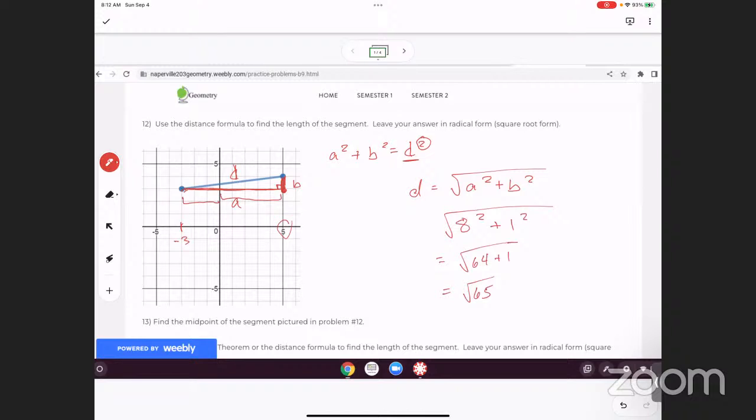All right. Do you need number 13 as well? Find the midpoint. Yeah. So the midpoint of the segment pictured in problem 12, the midpoint of this right here, there's just a midpoint formula. And the midpoint formula is you're basically taking half of A, and that's going to be the midpoint.